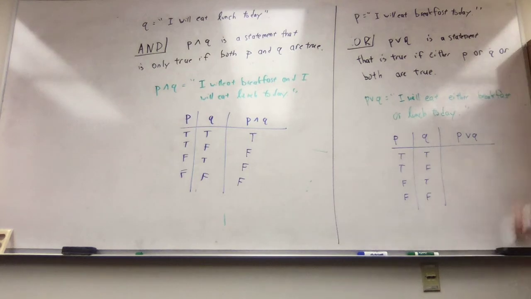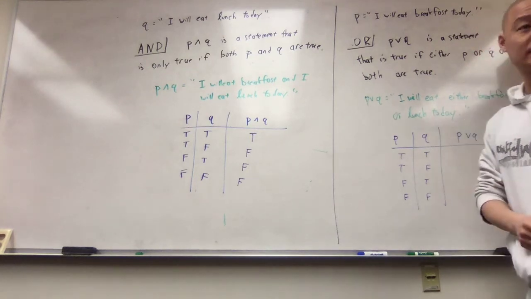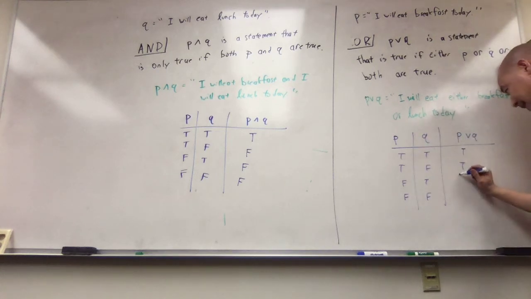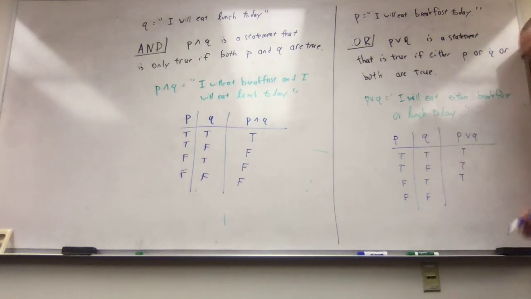So, "I'll eat either breakfast or lunch today." If you ate them both, is that true? True. If you ate breakfast and skipped lunch, is that true? Yep, true. If you skip breakfast but ate lunch, true. If you skip breakfast and lunch, false. All right.